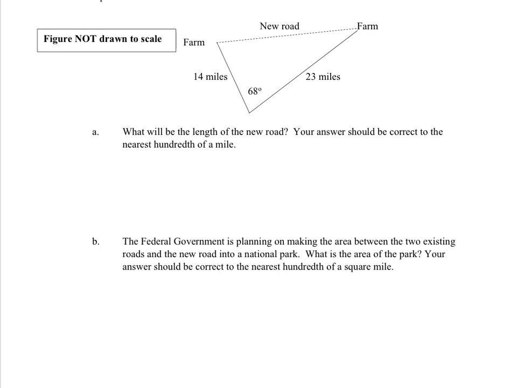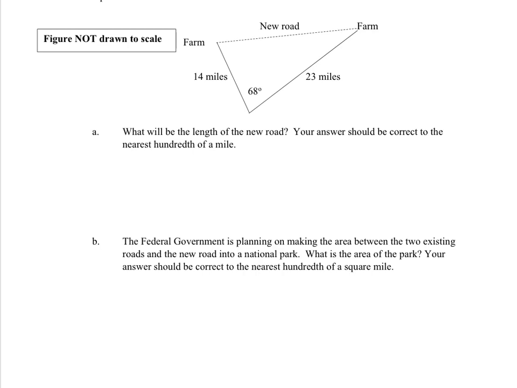Well, as we notice when we look at this diagram, we have 2 lengths. We need to find this length, and we're given an angle measure, but it's 68 degrees. It's not a right triangle, so we can't use Pythagorean's theorem, and therefore we're going to have to use either law of sines or law of cosines based on what we know.